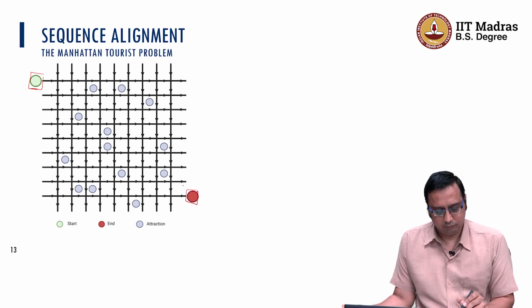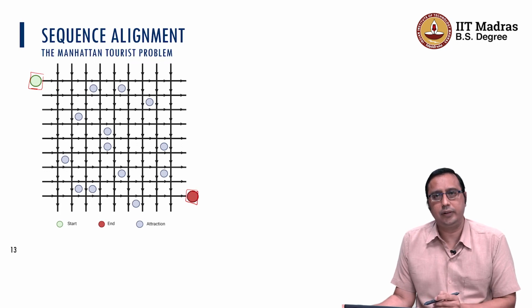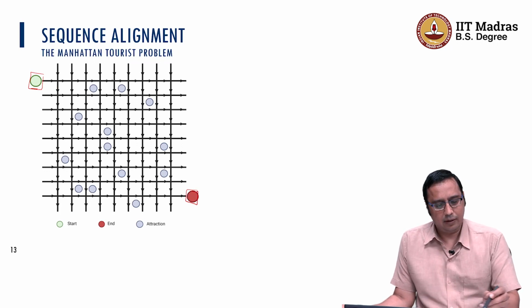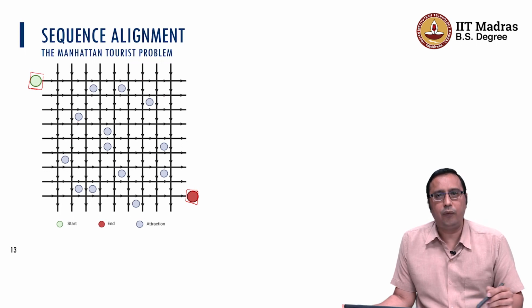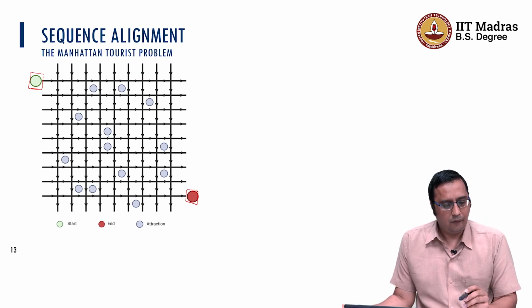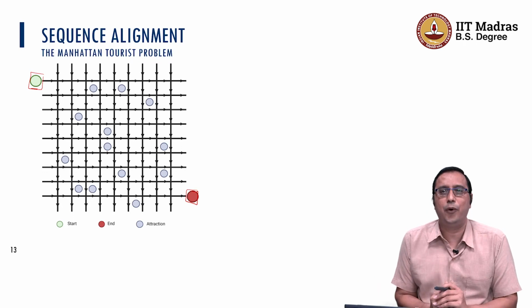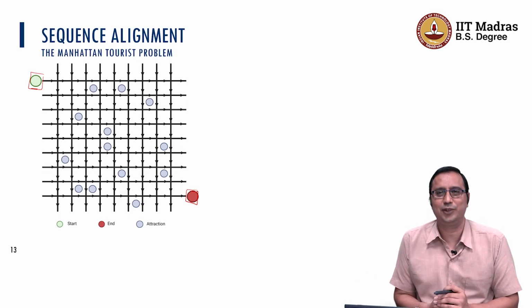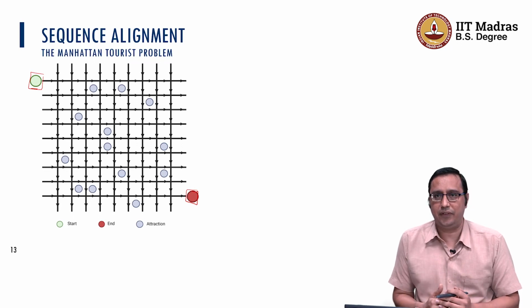This is where our hotel is, the end point, and this is a maze of roads where each of these circles is an attraction where we want to go, take some photo, selfie, put it on Instagram. So as a tourist, we would like to see as much as we can. We want to visit many touristic places.